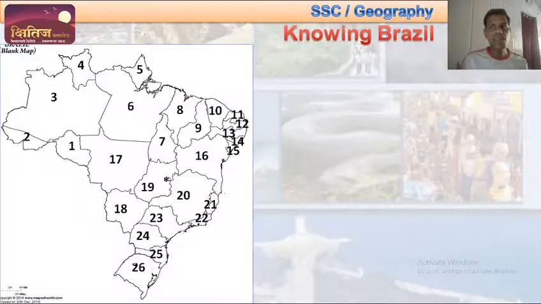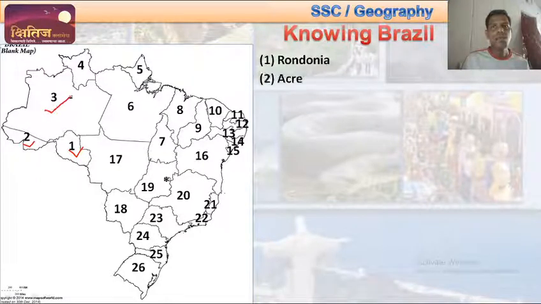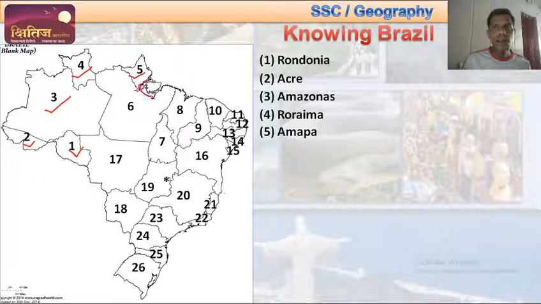So let us revise these names once again for the last time. Number 1, here in the north region, Rondônia. Number 2, Acre. Number 3, Amazonas. Number 4, Roraima. Number 5, Amapa. Here you can see this is a big island formed by river Amazon, so Amapa is very close to the mouth of Amazon.